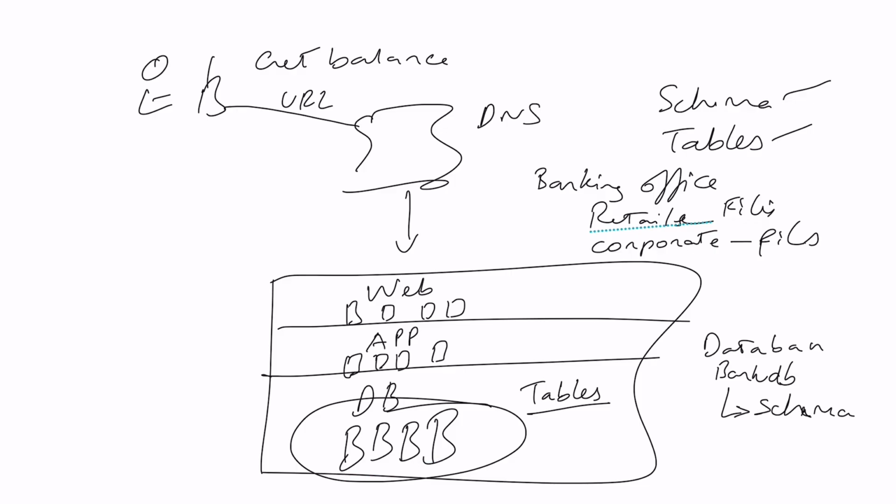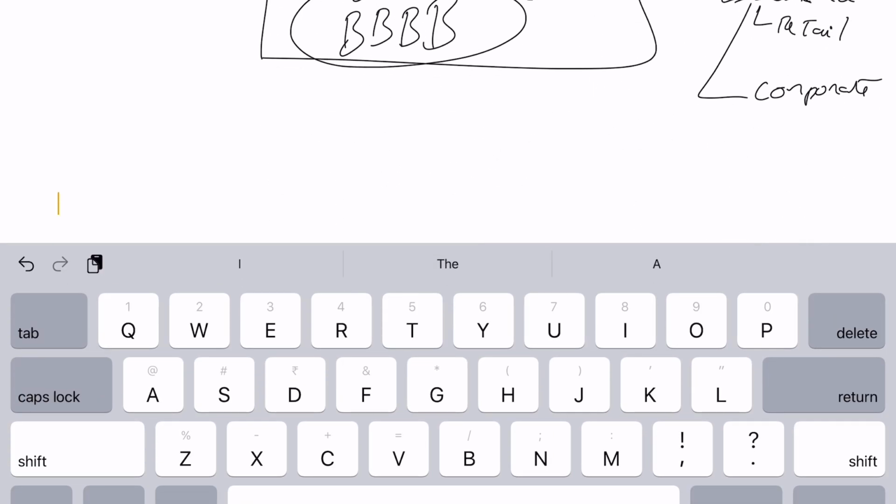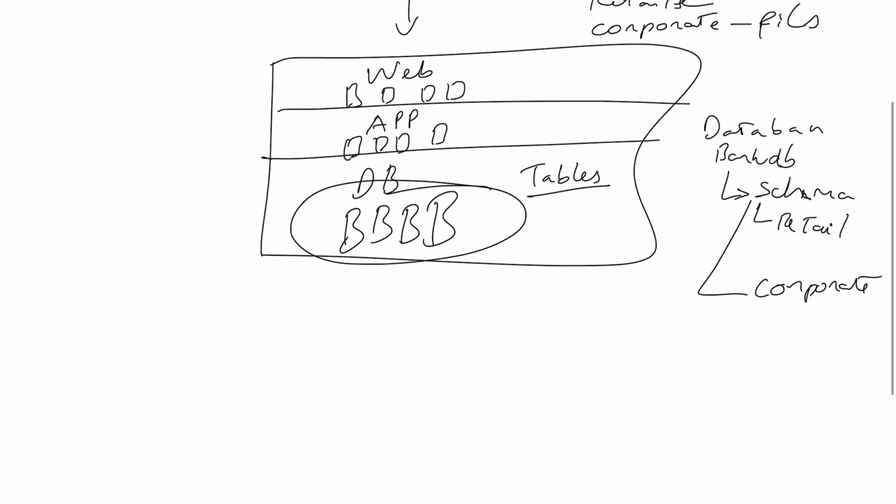These schemas will be what I mentioned over here, such as retail. In the same way there will be corporate. In retail there may be customers, accounts. In corporate there may be customers, accounts.